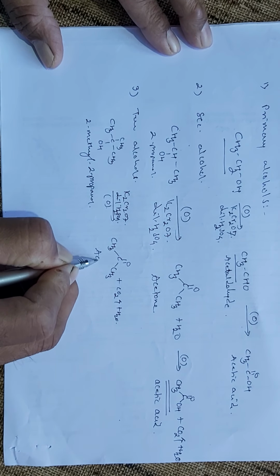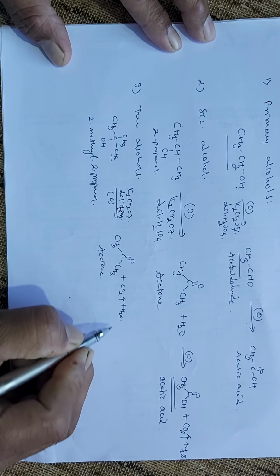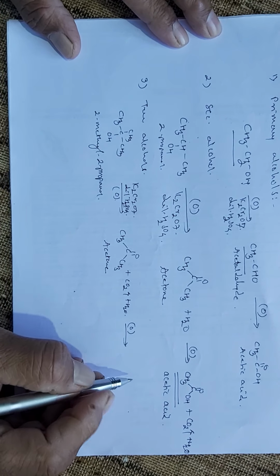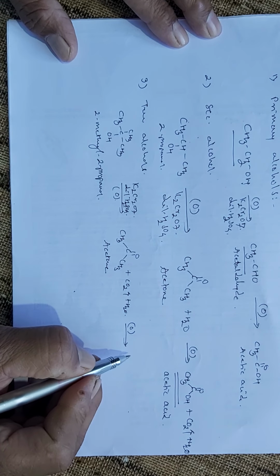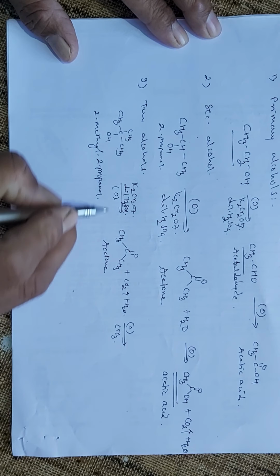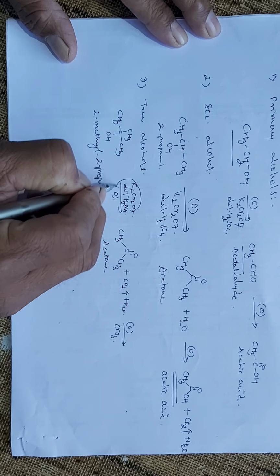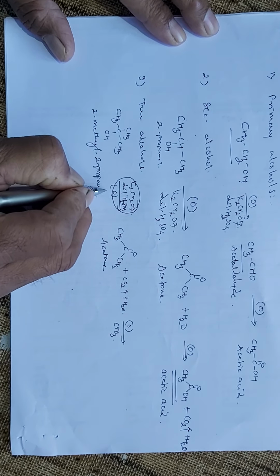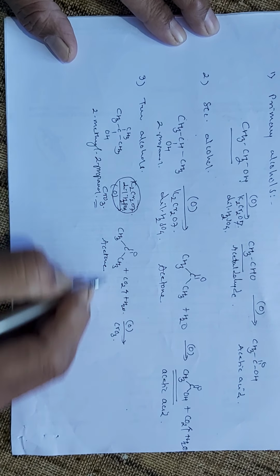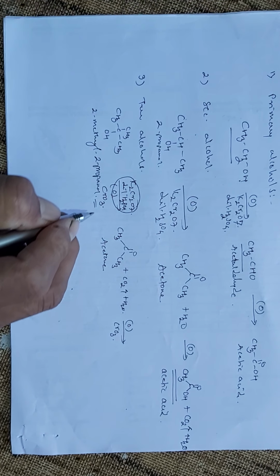Here we get the formation of acetone with one carbon atom less, which on further oxidation will give you the carboxylic acid. And here, instead of potassium dichromate, we are using a stronger oxidizing reagent, that is chromium trioxide, or chromic acid.